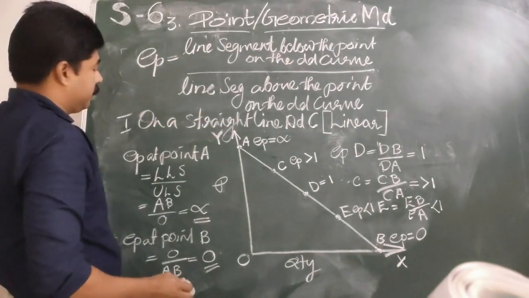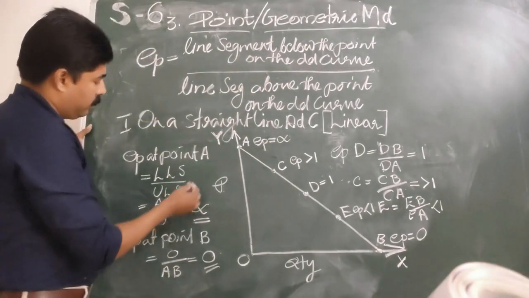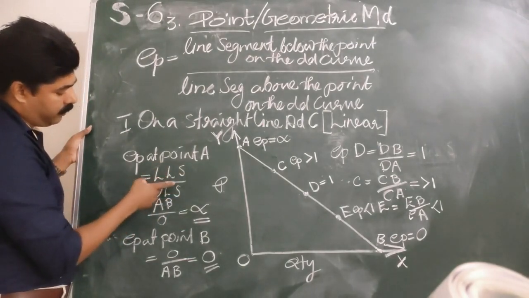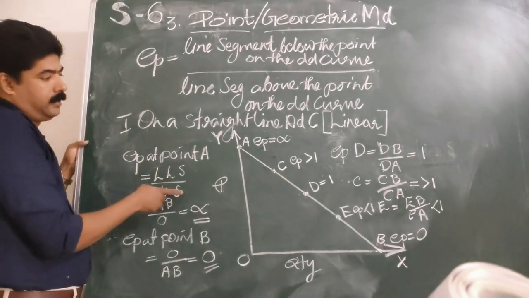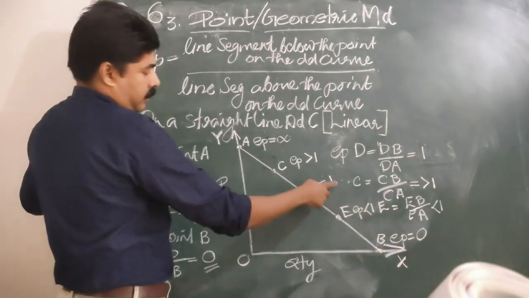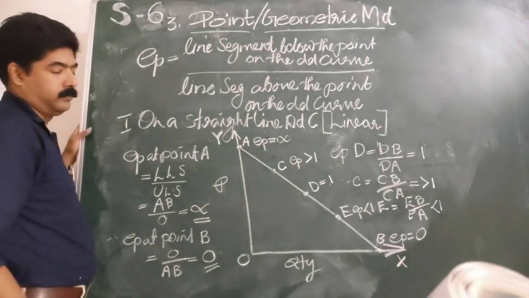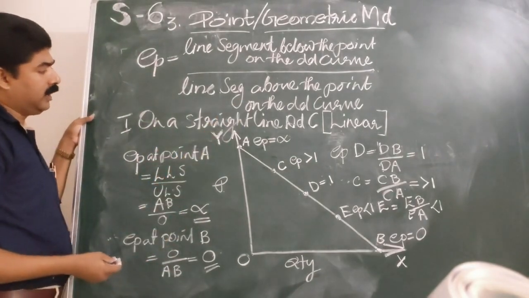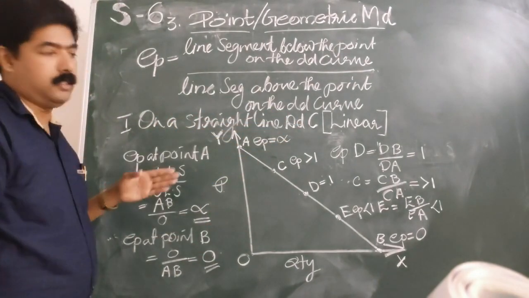This is the way you can find all the values. The formula is the lower line segment upon the upper line segment. The 5 values are infinite, 0, equal to 1, greater than 1, and less than 1. Just note it down, and we will move to the next calculation, the non-linear.